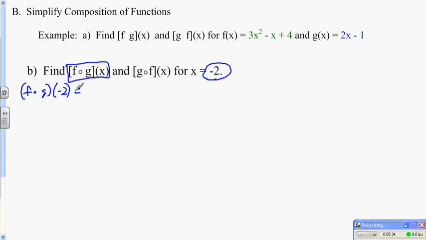And order matters with composites, so pay attention. F composite g of negative 2 is the same as f of g of negative 2. In other words, we take the x value and put it into the g function first, and then we take the result of that and plug it into the f function.